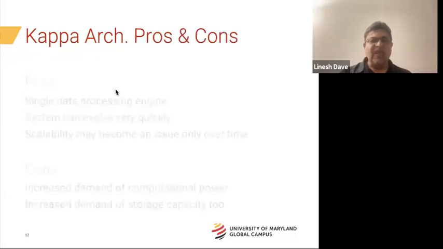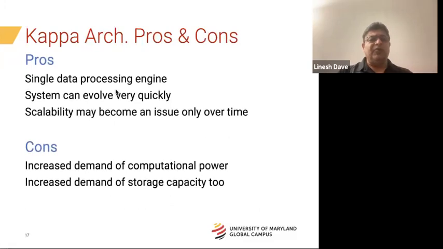Okay. So some of the pros and cons of this Kappa architecture. The pro is a single data processing engine. So as you can see, there's a single channel, right? So the maintenance has been reduced by this architecture, right?